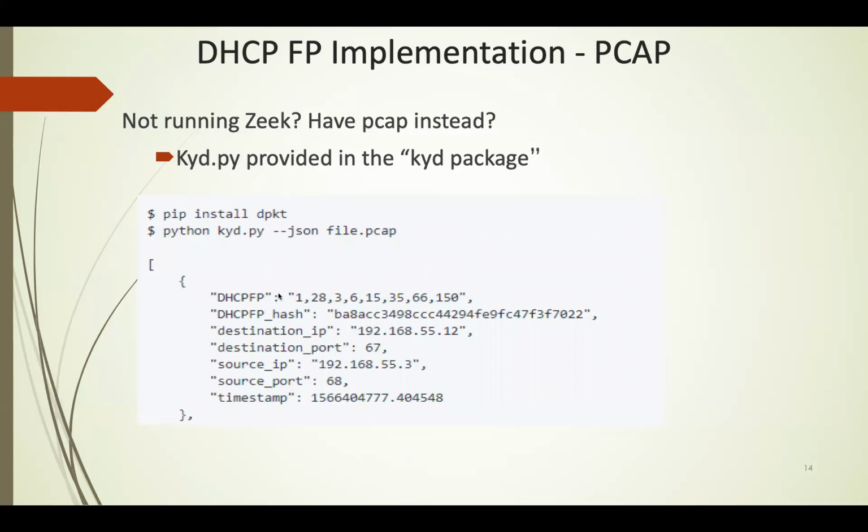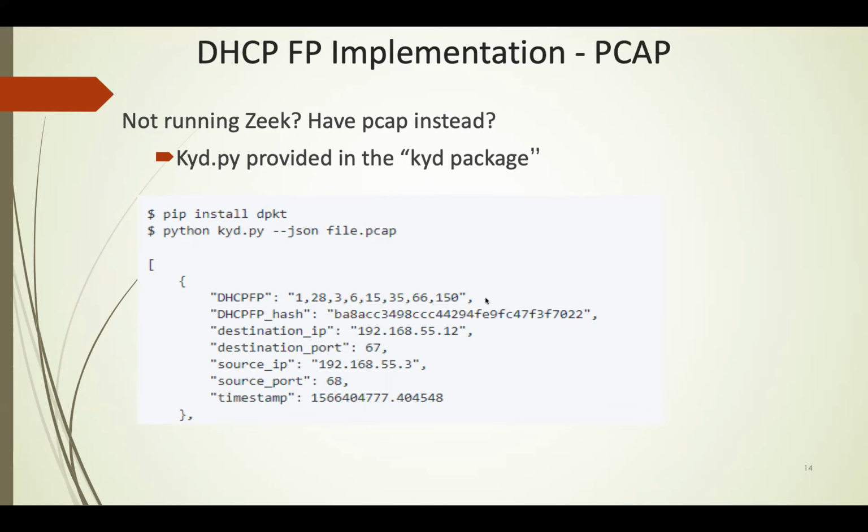The only prerequisite for that script is that you need to install dpkt. dpkt is the library used for extracting packet content, or reading the pcap from the file. So if we are reading the pcap, then dpkt is required because it is used in KYD.py to read the pcap and analyze different fields and data extracted from it.